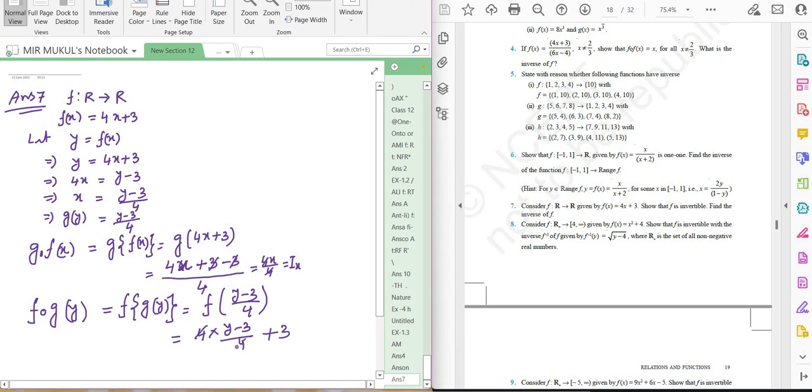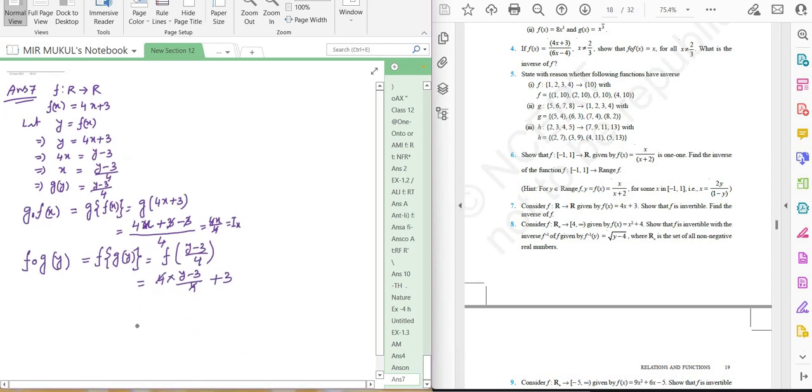Then 4 and 4 cancel. y minus 3 plus 3. Now 3 cancels, and we are getting y. That is iy. Now gof of x we are getting ix and fog of y we are getting iy. So therefore we can say that f is invertible.